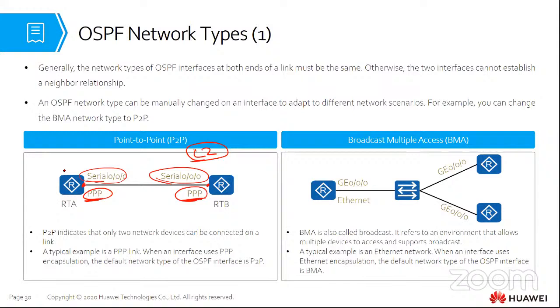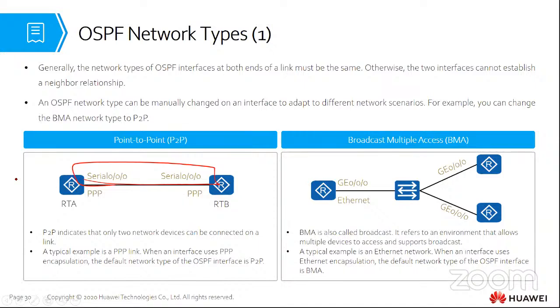As such, when you enable OSPF here and enable OSPF here, the OSPF network type will be point-to-point. So point-to-point is the default network type of OSPF if we connect 2 OSPF routers through a serial link.